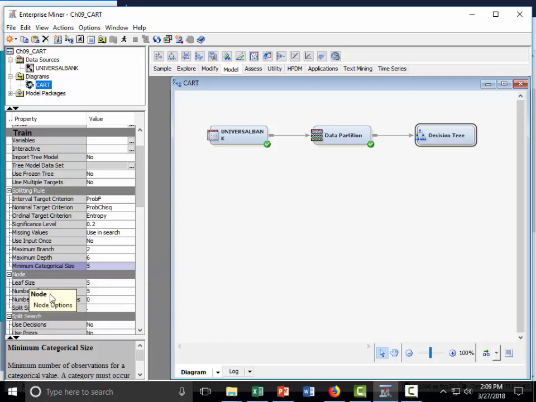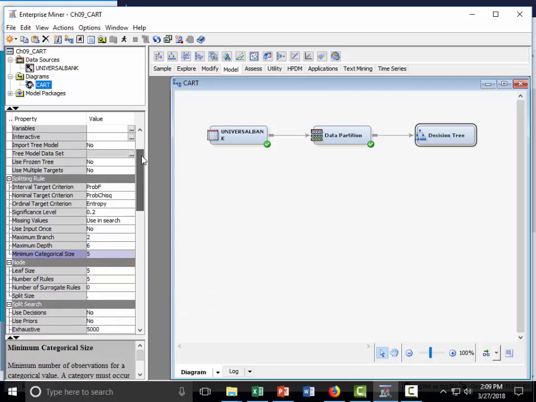Now there are two ways in which we can prune. One is top-down pruning. As you go from the top, you apply these pruning rules, like leaf size. A particular node must have at least 5 observations in it. Otherwise, you're not going to branch from that node anymore because there are already too few observations there, so you don't branch further down from that node.